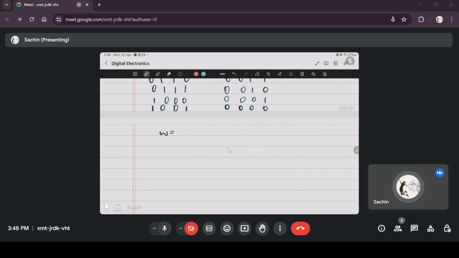and when you're writing the K map, we assume that 1010 to 1111 these input combinations are don't care.